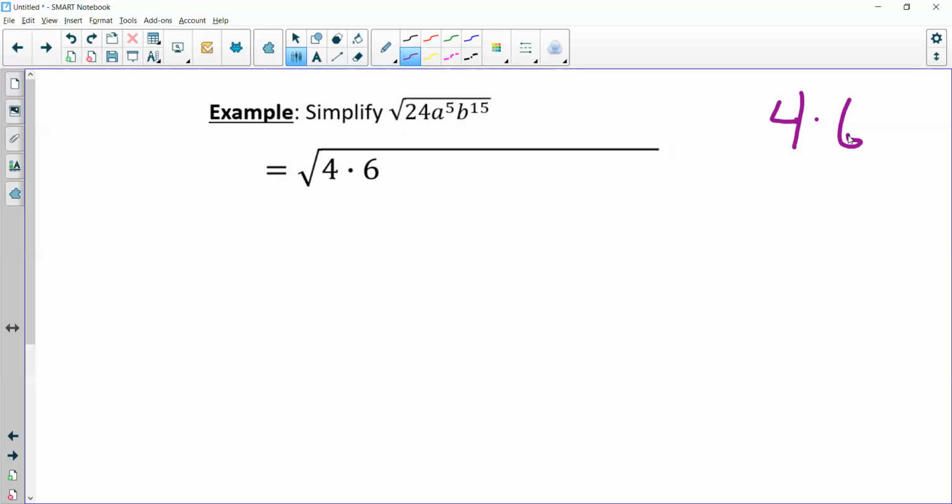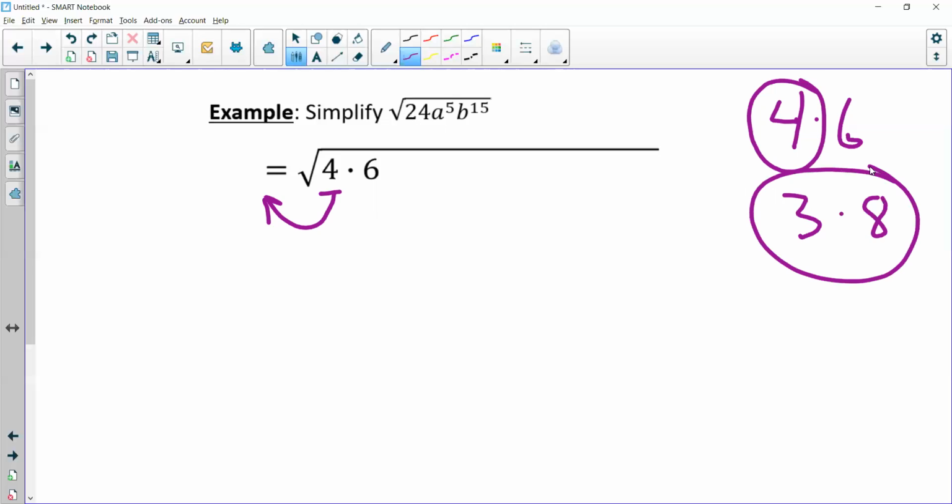I did not do 3 times 8. The reason why is because 4 is a perfect square. So I can take the square root of 4. It will come out of the radical. If I did 3 times 8, neither one of those is a perfect square. So I could not extract a perfect square from the radical.